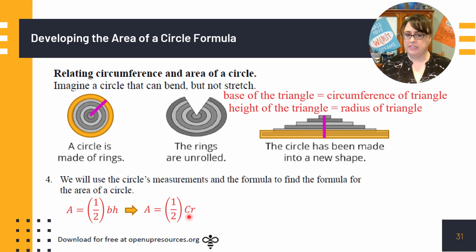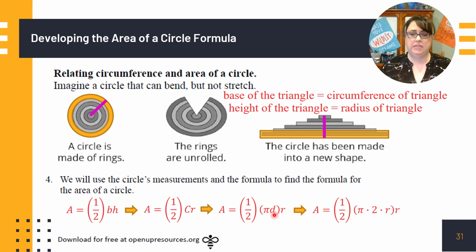But circumference has a different way we could talk about it. We can talk about it as pi times diameter. So let's replace circumference with pi times diameter. But diameter, we can talk about it as 2r. So I just replaced diameter with 2r. I know 2 divided by 2 is 1, so that could go away.